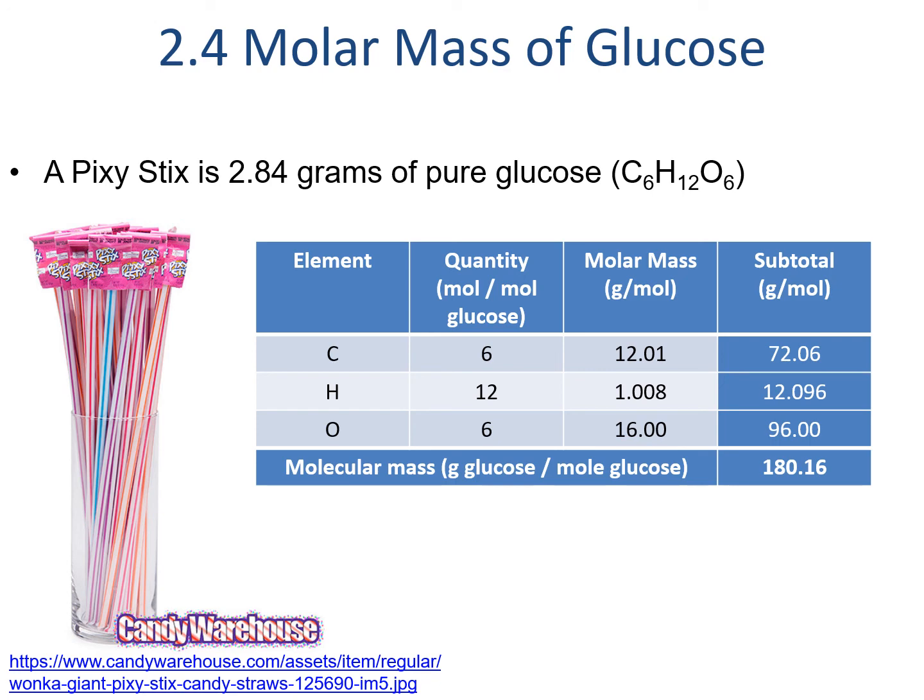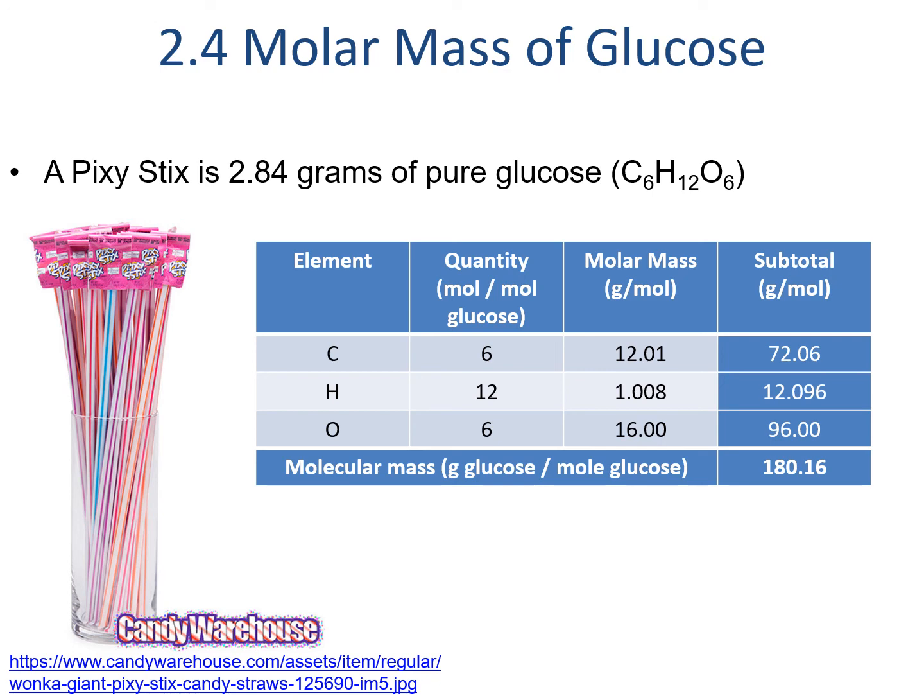But it's easier to just multiply the number of carbons by the atomic weight of the carbon, and then repeat with hydrogen and with oxygen, and then add it all together. Adding all the components together gives me the molecular mass for this formula, 180.16 grams per mole of glucose.